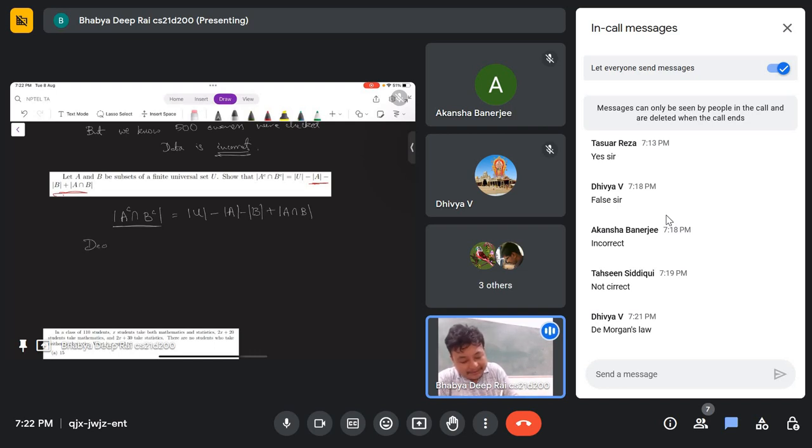What does De Morgan's law state? It states that A union B whole complement equals A complement intersection B complement, right? Which is exactly this. So we'll make it into A union B whole complement. So LHS equals size of A union B whole complement by De Morgan's law.